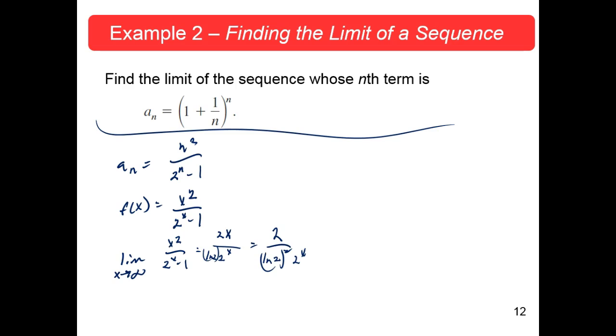Denominator, infinity. 2 over infinity is? 0. So this limit is 0. Oh, there they had it in the book. I didn't even look. And because f of n equals a sub n for every positive n, you can conclude this also converges to 0. All right, I think we have run out of time, big time, haven't we?